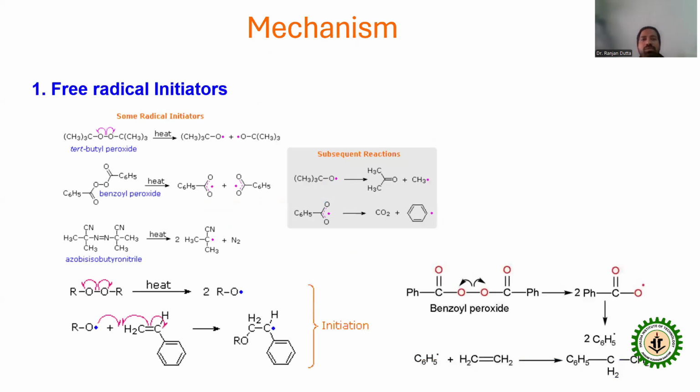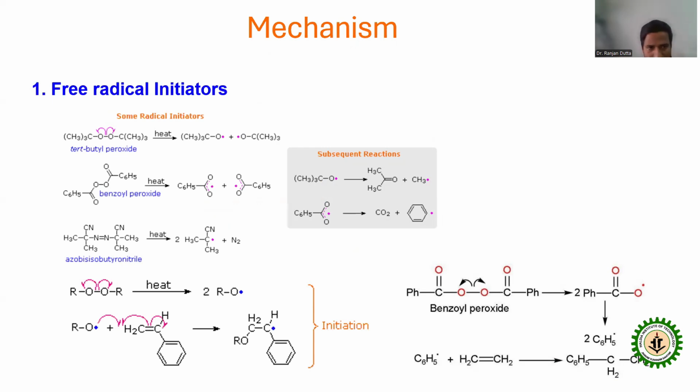Now, for the preparation of low density polyethylene, the free radical polymerization method is used. In any free radical polymerization method, we need one initiator. Mainly benzoyl peroxide or some azo compounds are used as initiators.